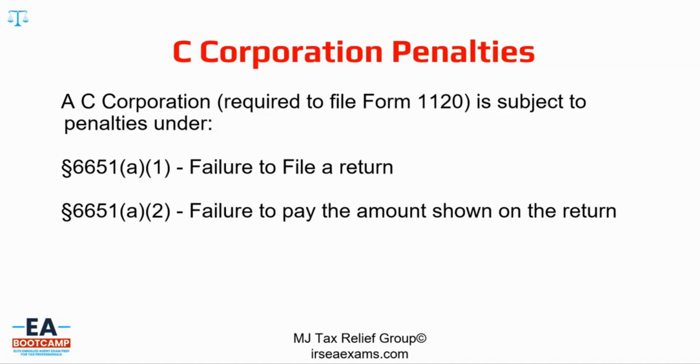C corporation penalties. A C corporation is subject to penalties under Internal Revenue Code 6651A1, the failure to file a return, and 6651A2, failure to pay the amount shown on the return.